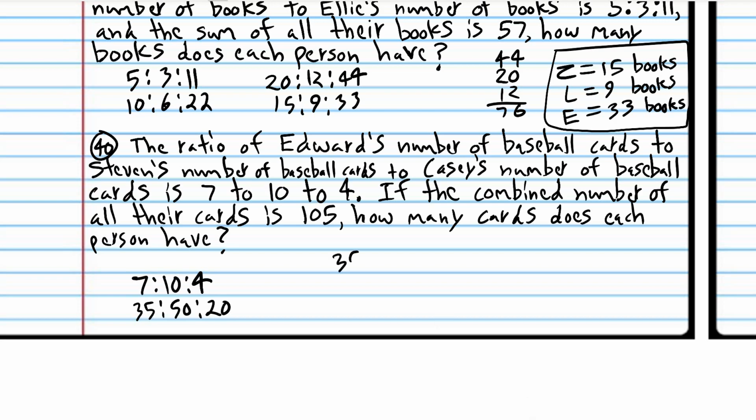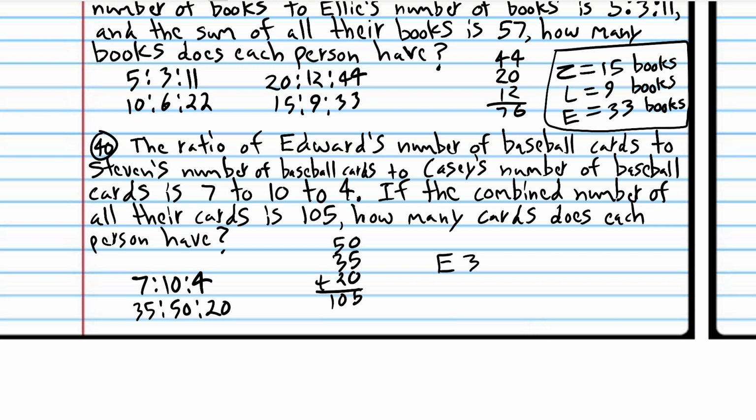Now again, if you don't feel comfortable doing that in your head, then you can do it vertically. Whoops, that should be 10. You can do it vertically like so. All right, so how many cards does each person have?